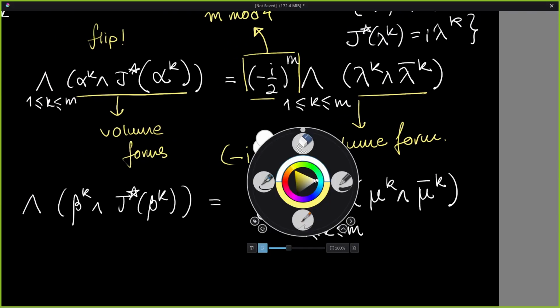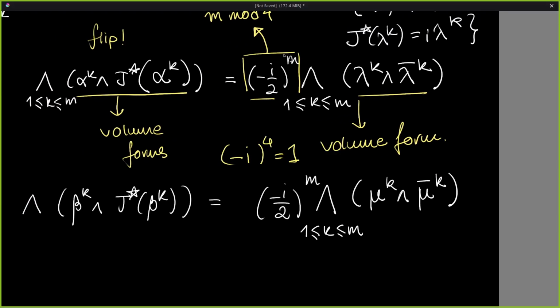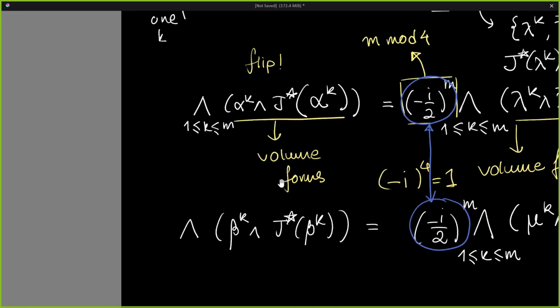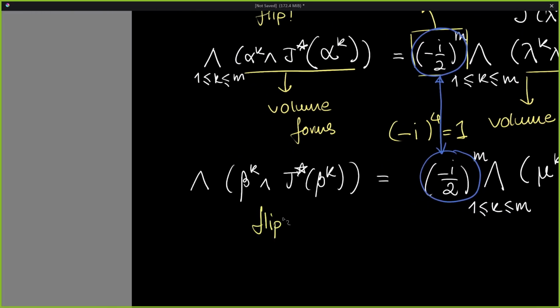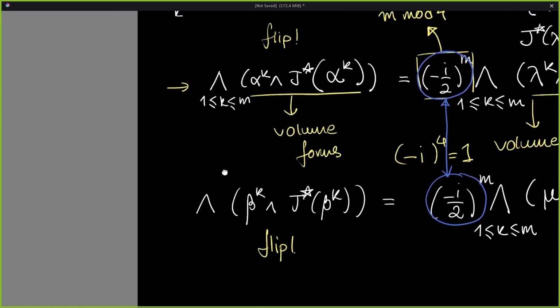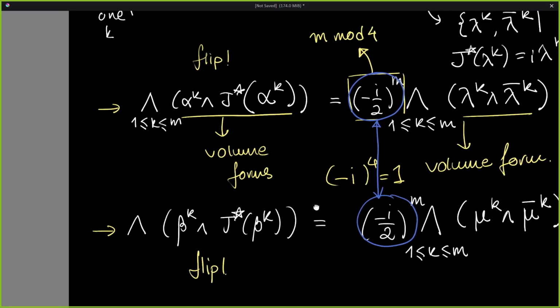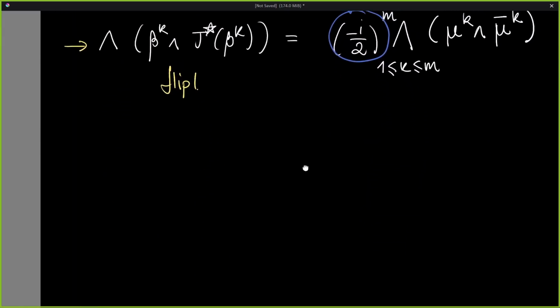Notice that the factor out in front is the same. So the crucial point is that if this flips, then this flips, and if this one doesn't flip, then this one also doesn't flip. So there are 2 flips, and these 2 flips are going to cancel each other out. That's a big thing in this proof.